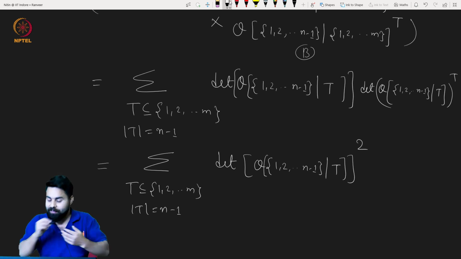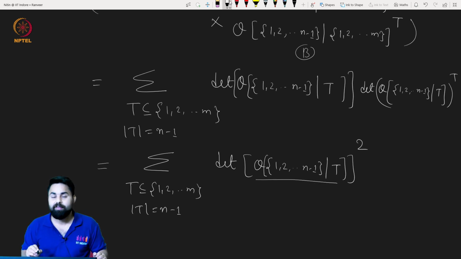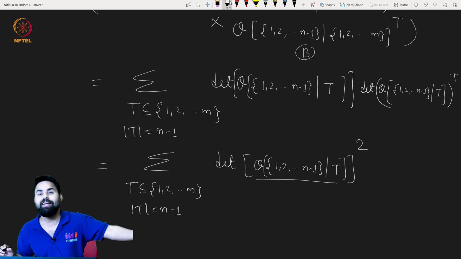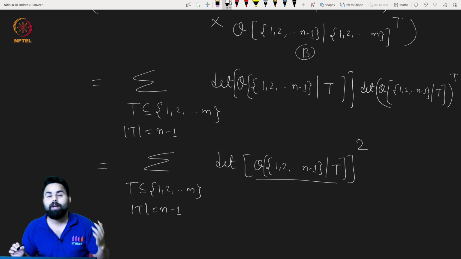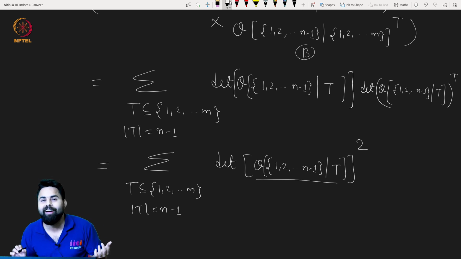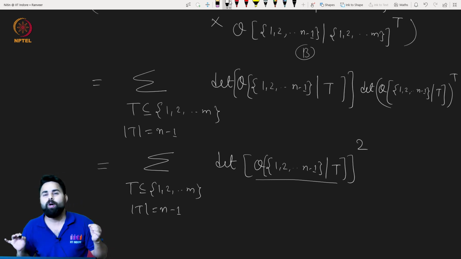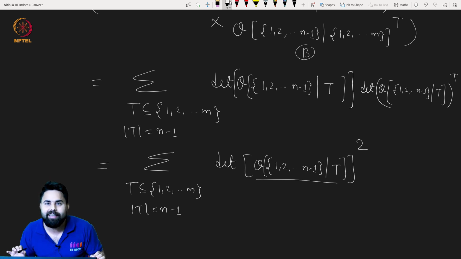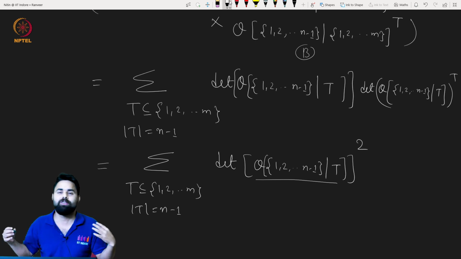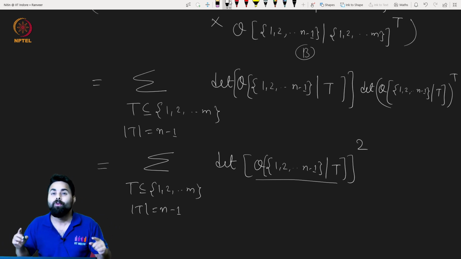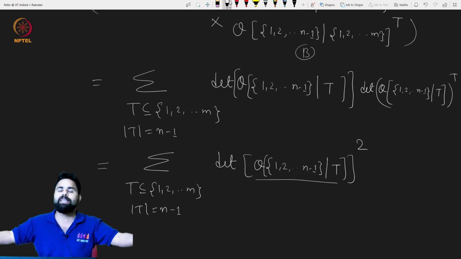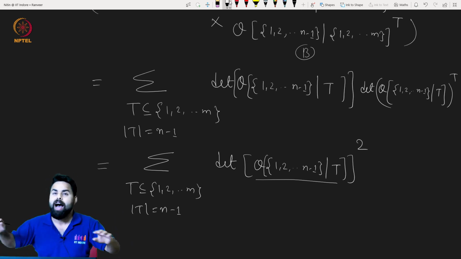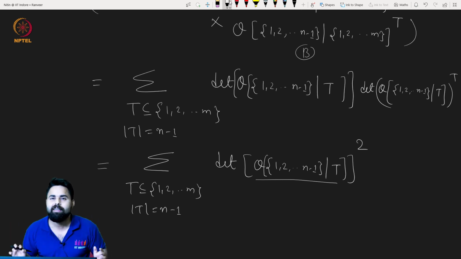Now what is this quantity? From the last theorem in the last lecture, this quantity gives you plus or minus 1 only when the chosen n minus 1 edges form a tree. Plus 1 or minus 1, and you are taking the square of that, so it equals 1 when the chosen n minus 1 edges form a spanning tree, otherwise it gives 0.